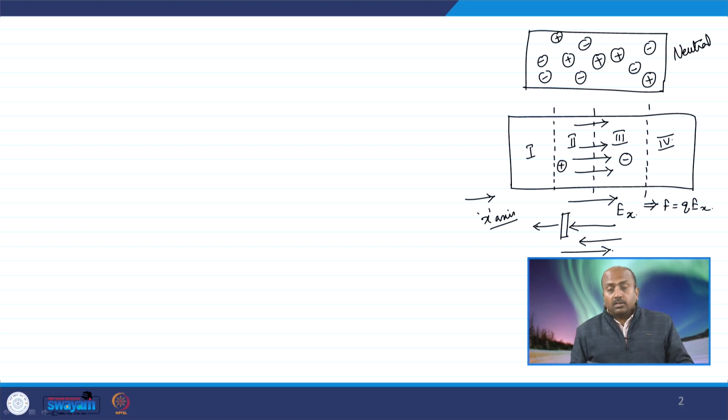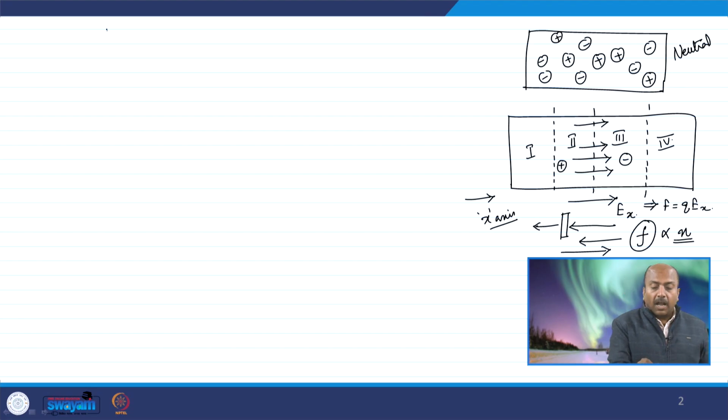So there should be a characteristic frequency associated with these oscillations, and this frequency should obviously depend on the number of electrons being displaced and other properties of the plasma. In our discussion today, we will try to derive a simple mathematical expression for this frequency, which we call the plasma frequency.